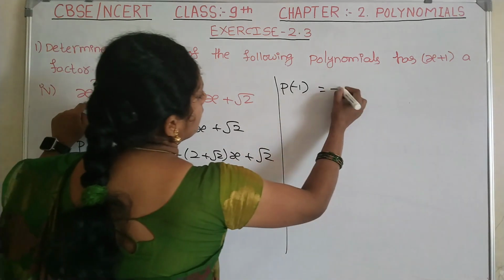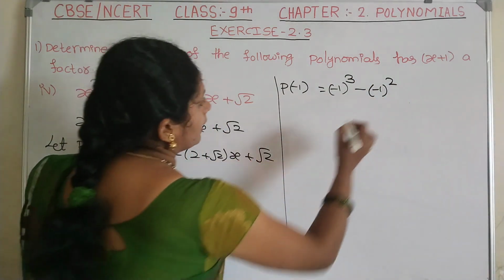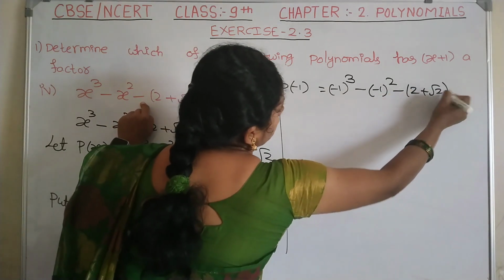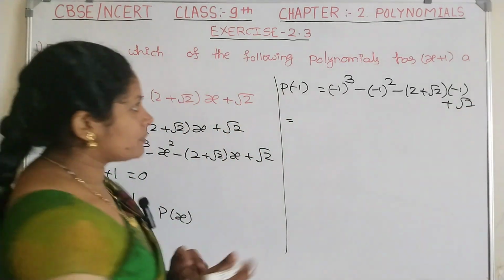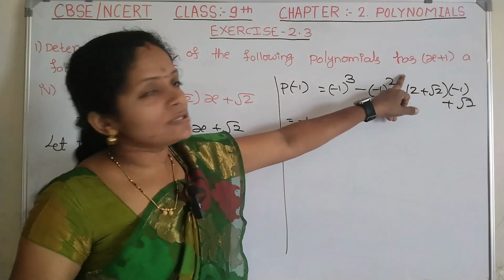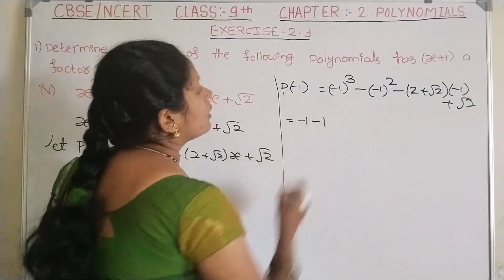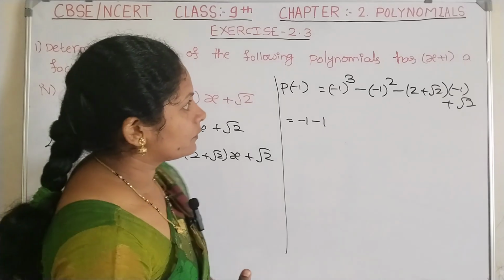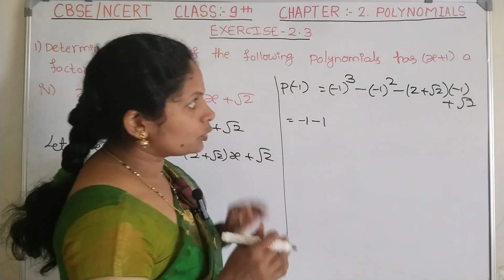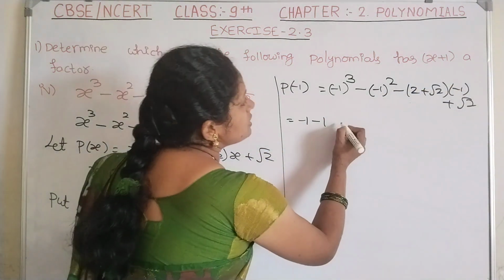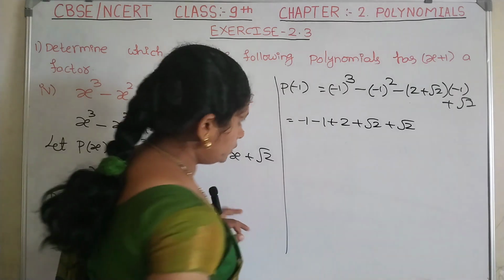Here is x cube, minus 1 whole cube, minus, minus 1 whole square, minus 2 plus root 2 into minus 1 plus root 2. Minus 1 whole cube is minus 1. Minus 1 whole square is plus 1, but outside there is a minus, that's why we will get minus 1. Next, minus into minus is plus. So 2 into 1 is 2, root 2 into 1 is root 2. So simply we can write plus 2 plus root 2 plus root 2.